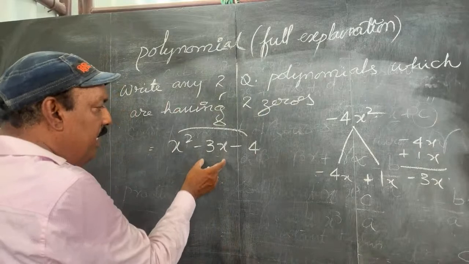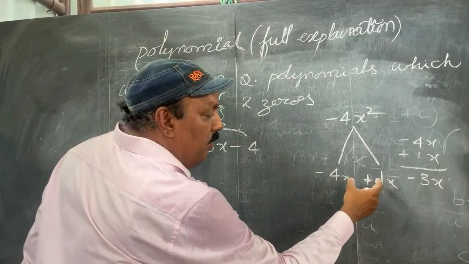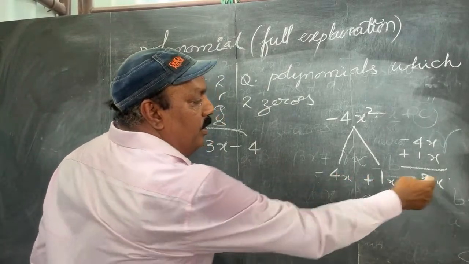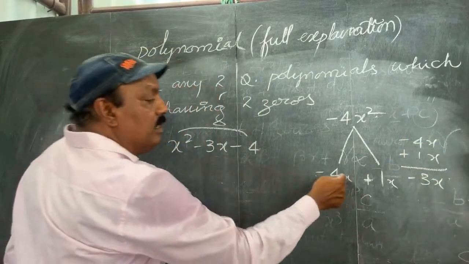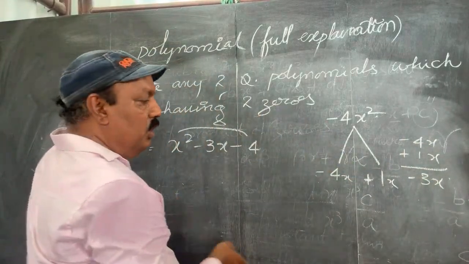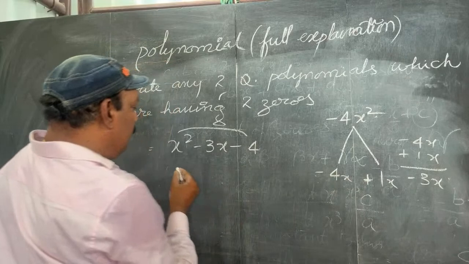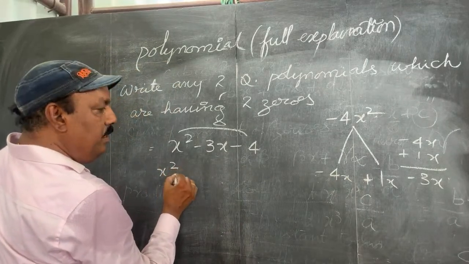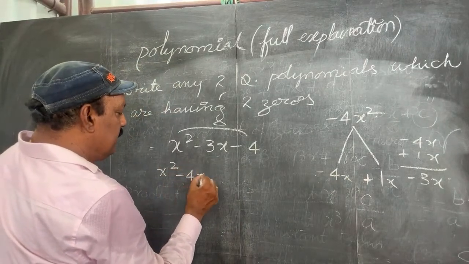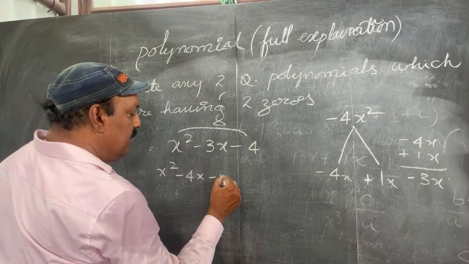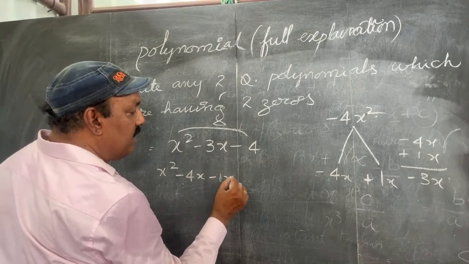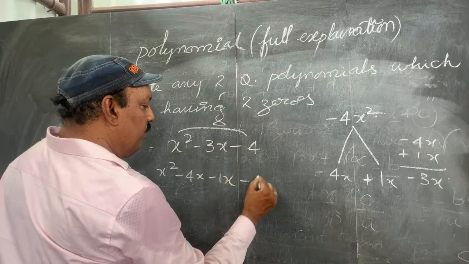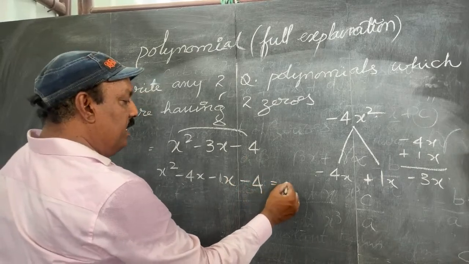Whenever you get this kind of answer, only then do we call these the factors. So now we got the factors. X square minus 4x plus 1x, or you can write just x, and minus 4. I got the equation here.